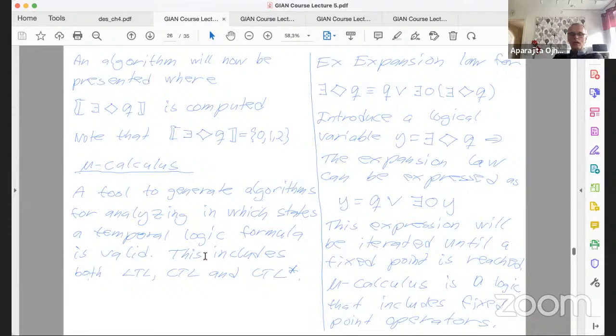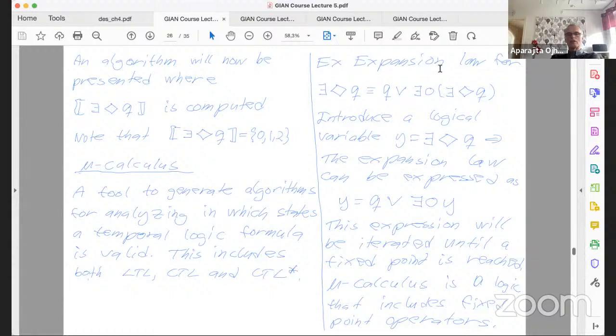And why is CTL so easy? It's because of the fact that CTL always has a quantifier followed by a modality like always, eventually, until. And all these three can be rewritten as follows.